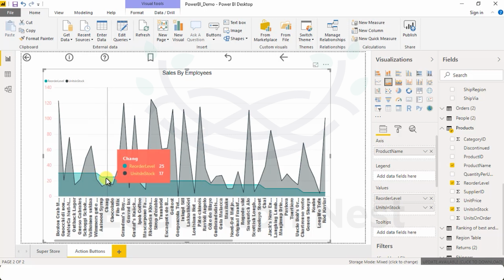Now taking it back towards the management decision, this also shows that a reorder level of 25 and a reorder level of 30 means these items, which are Boston, Nanka, Queso, and these many, take a long time to reach the office than the rest of the others.